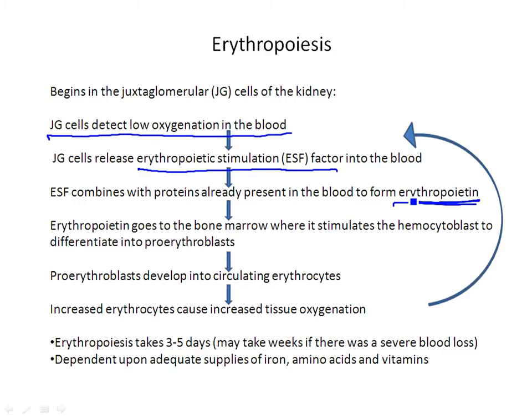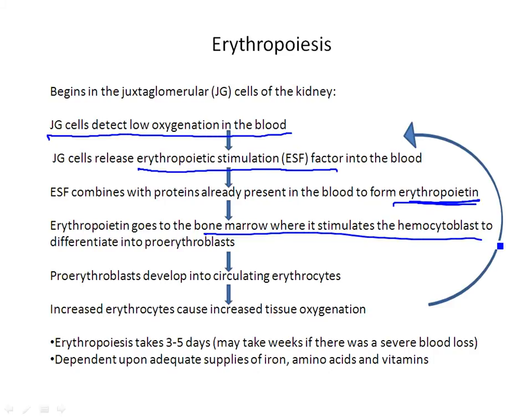So the erythropoietin goes to the bone marrow, and that is going to stimulate that hemocytoblast, remember that stem cell, and it's going to say, we need more red blood cells, so you start making them. And so that hemocytoblast is going to differentiate into that proerythroblast, and it's going to start forming red blood cells.